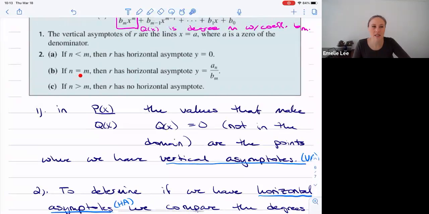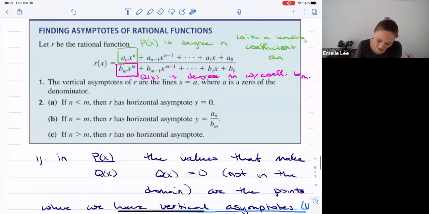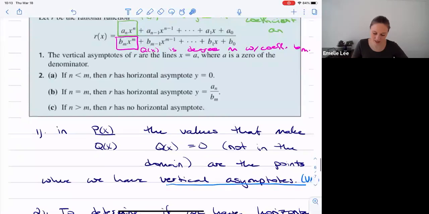If n is equal to m, so if they have the same degree, then you're going to have a horizontal asymptote at the coefficients over each other, a subscript n over b subscript m. Now notice, that's why I highlighted what the leading coefficients were, because you're looking at those leading coefficients as a fraction.